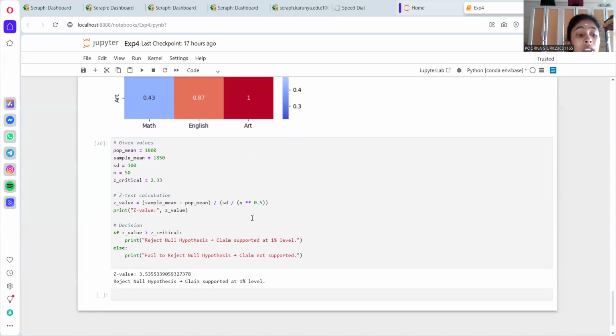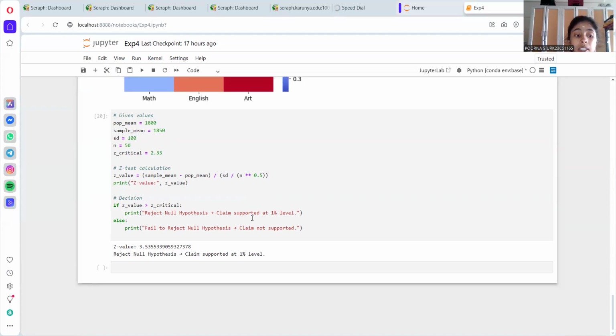Next, we are going to perform the z-test hypothesis. Here, we store the sample mean, population mean, standard deviation, and the sample size. Then the formula of the z-test is sample mean minus population mean divided by standard deviation divided by the square root of n. So we compare the calculated z value to the critical value 2.33.